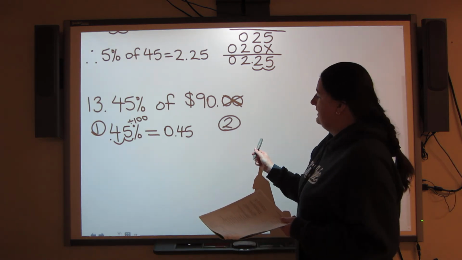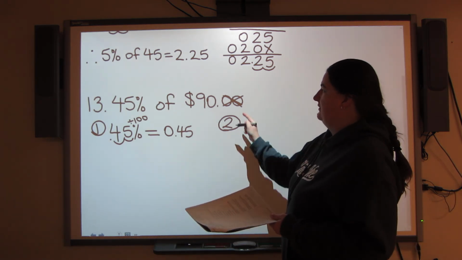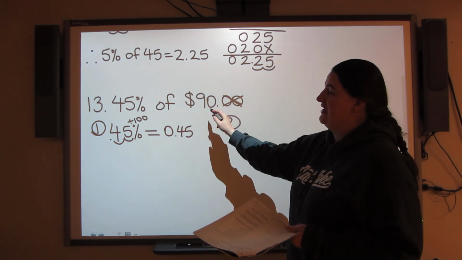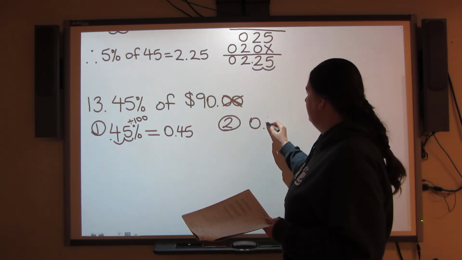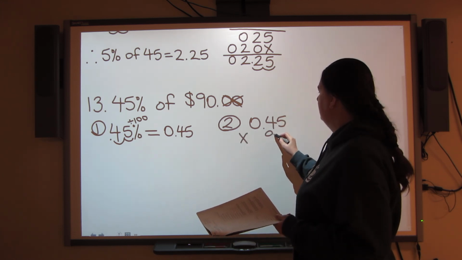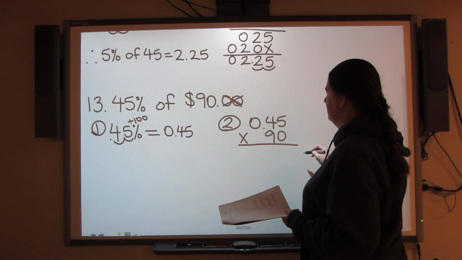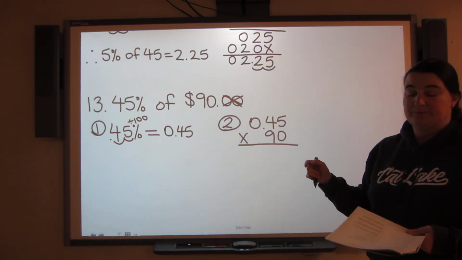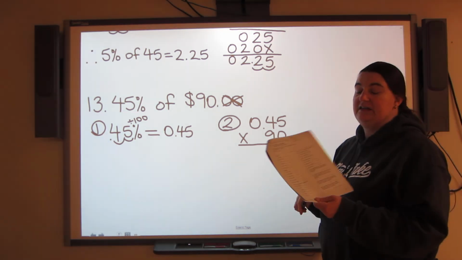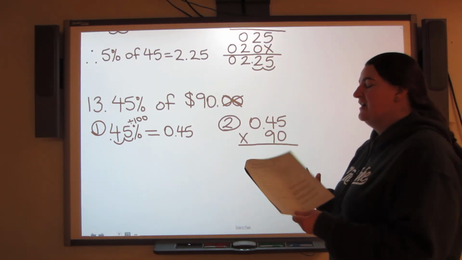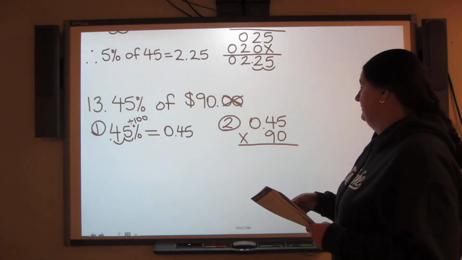But to make it easier, just use 90. If you don't have any cents, just use the dollars. So 0.45 times $90. On number 14, you will have to include the cents because they're not zeros, but for all the rest of them, you don't need to.